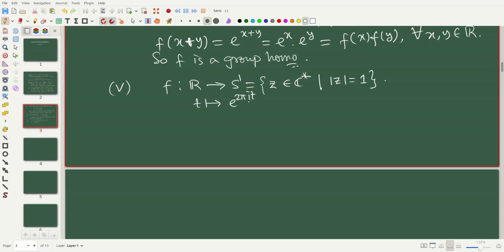Note that e to the power 2 pi i t is a non-zero complex number with modulus 1, so it lies inside S1.